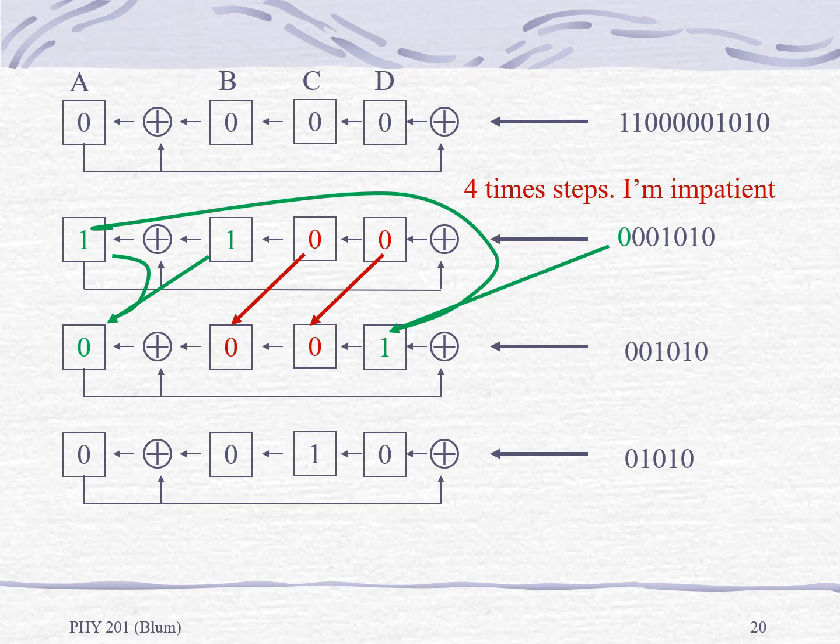The other excluded OR is at the other end. And so I have, again, in row 2, in position A a 1 getting ready to be shifted out, but before it's shifted out, it comes back around and is one of the inputs to the excluded OR. And the other input to that excluded OR is this new bit that is being shifted in.